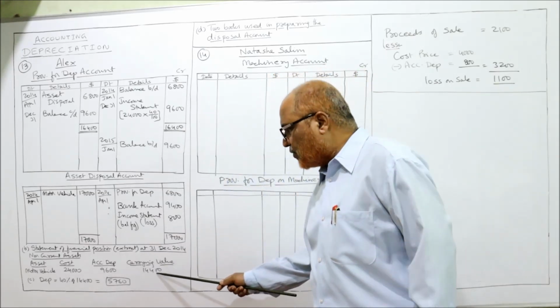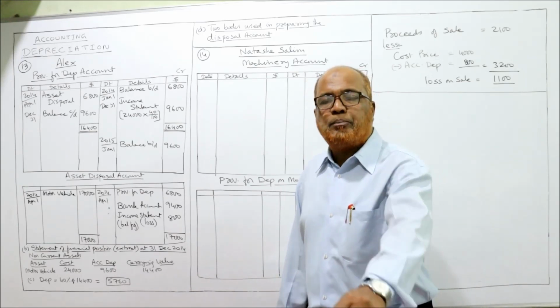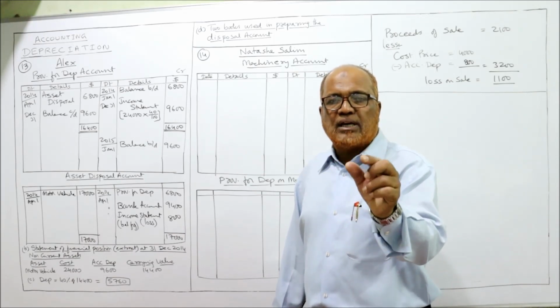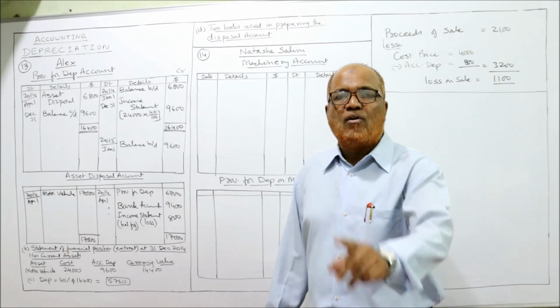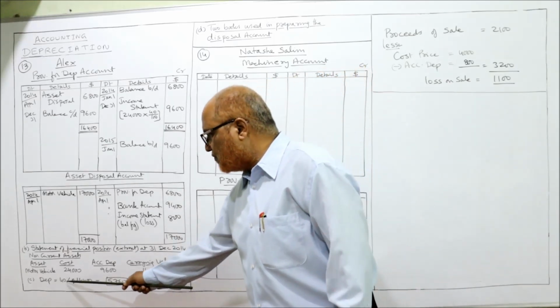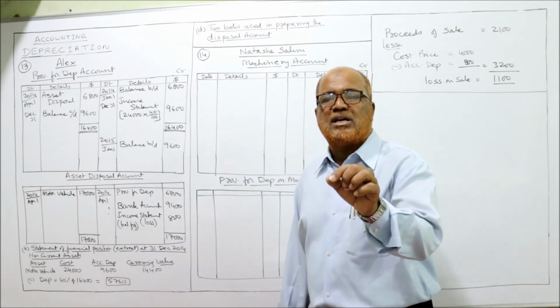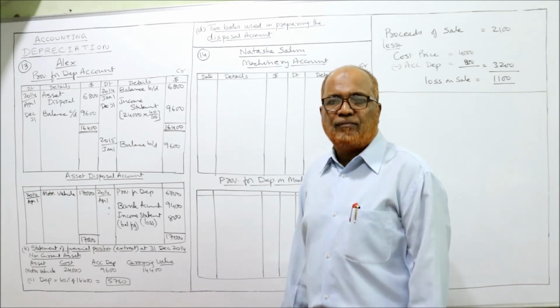So carrying value is 14,400. What is the rate of depreciation? 40% given in the problem. The depreciation for the year ended 31st December 2015 is 40% of 14,400. So 14,400, 40% you get 5,760, which is the depreciation on the second vehicle for the year 31st December 2015.